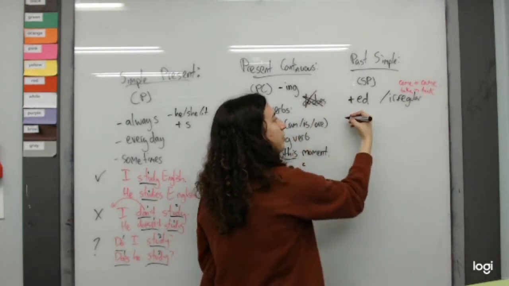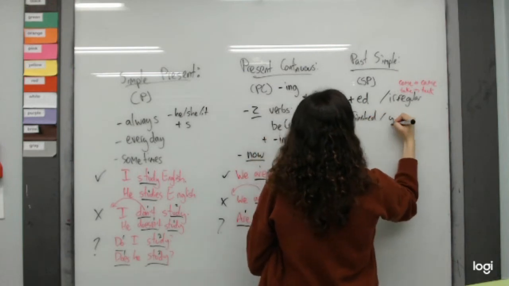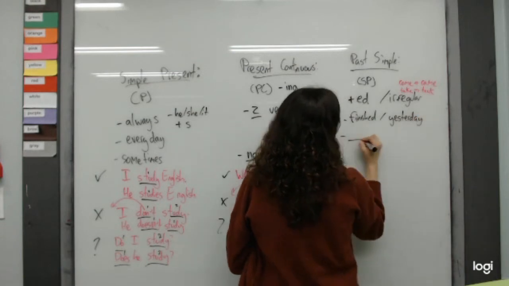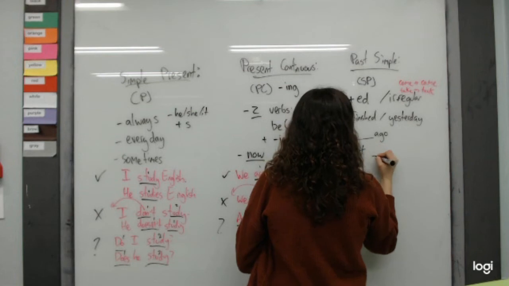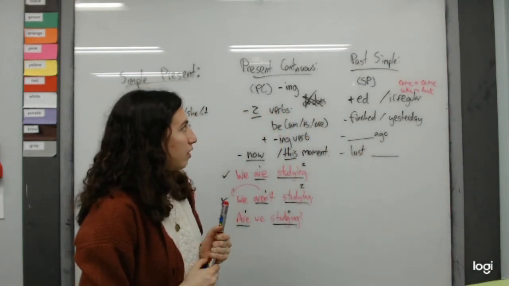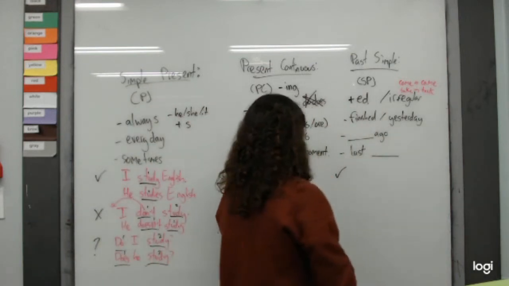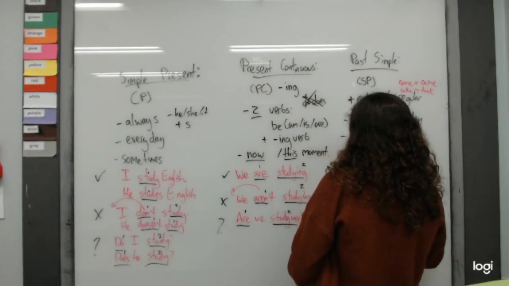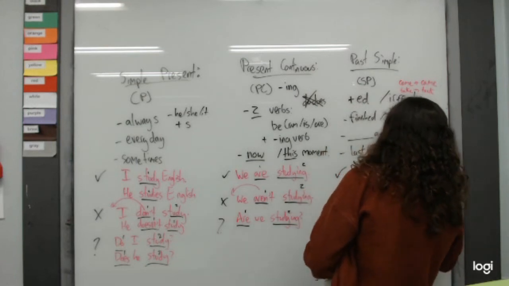This one we use to talk about things that are finished, like yesterday, or ago, or last, okay? So, past simple, let's make some example sentences. She worked at home.